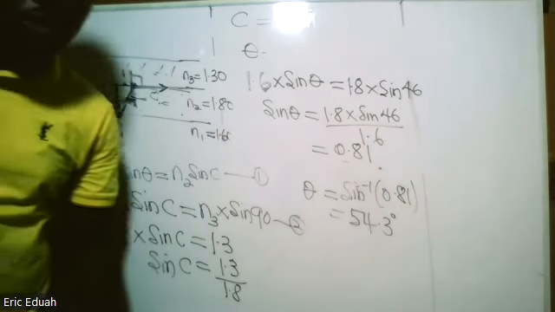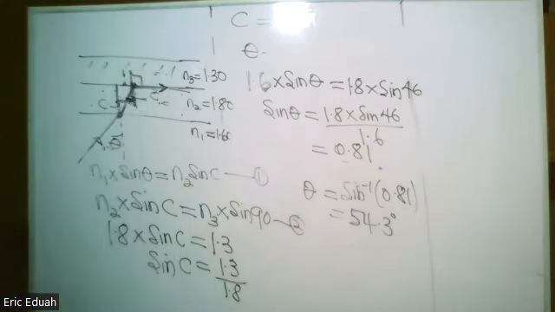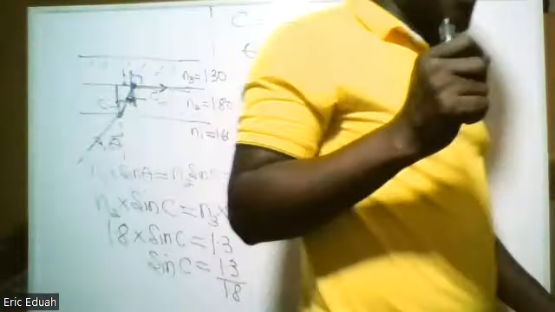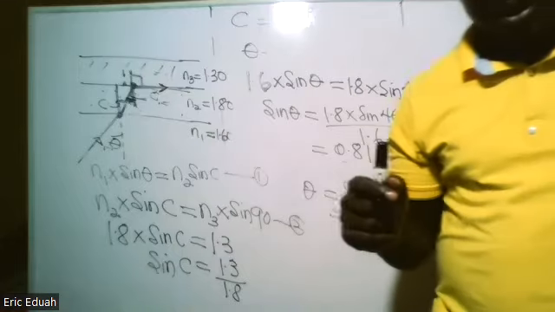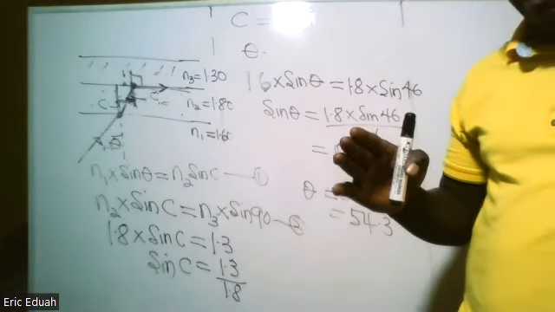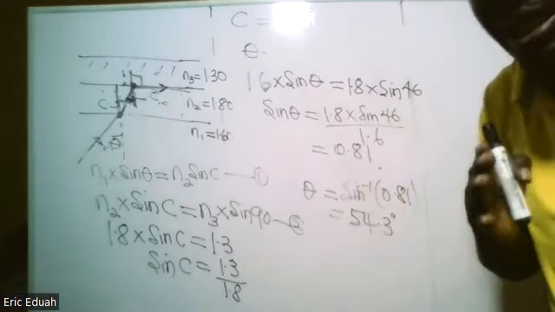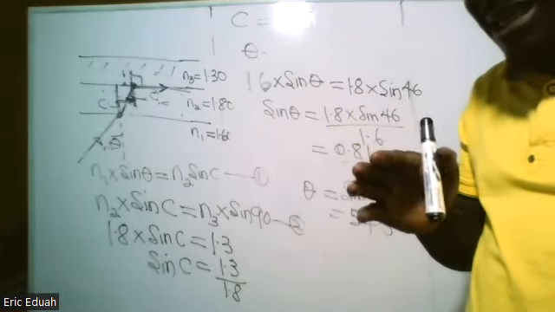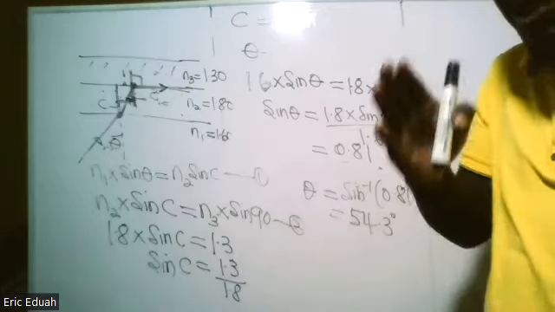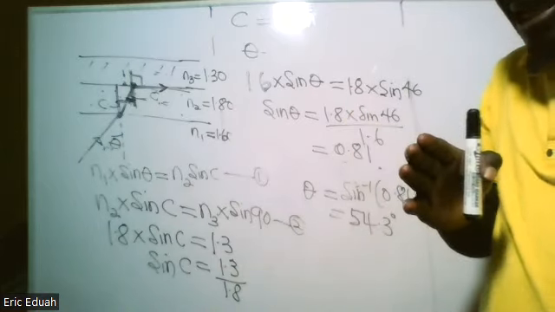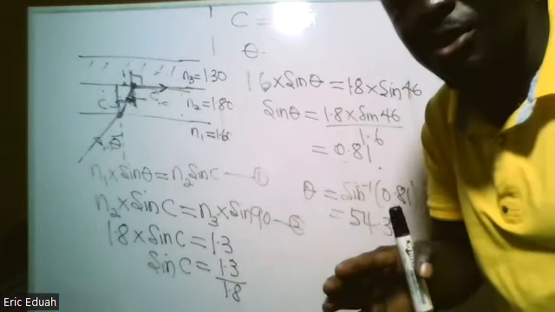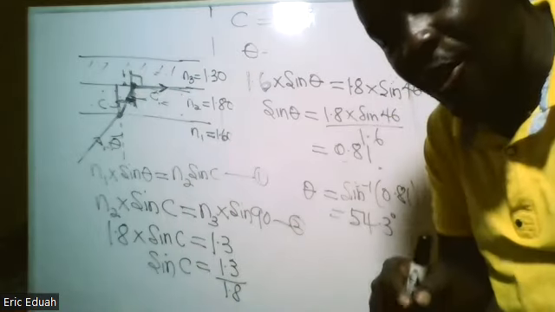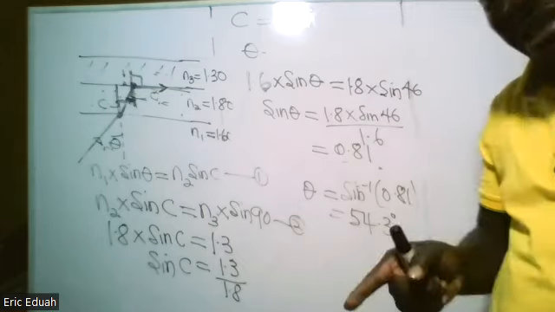Now, when do we form total internal reflection? If the angle of incidence in the denser medium is increased progressively, a certain angle of incidence would give us an angle of refraction of 90 degrees.